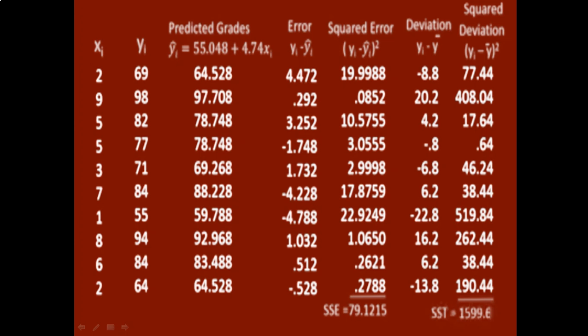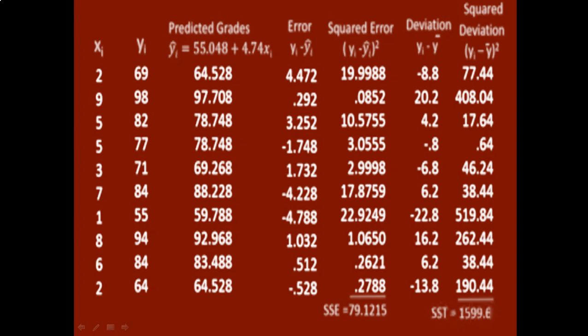In every row, in every observation, we put 2 instead of x. We will put here 9 instead of xi. In the third observation, we put 5 instead of x also, and finding y hat.